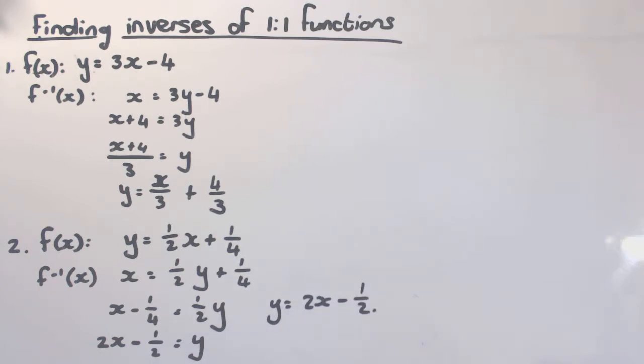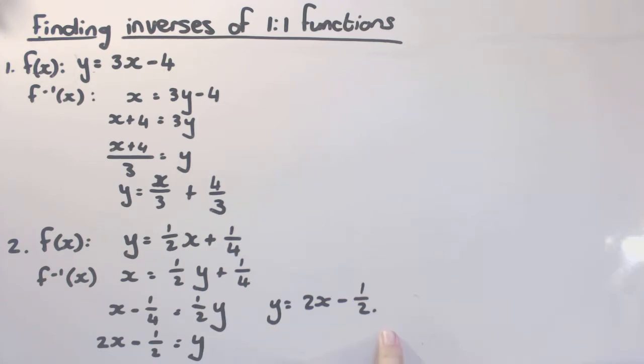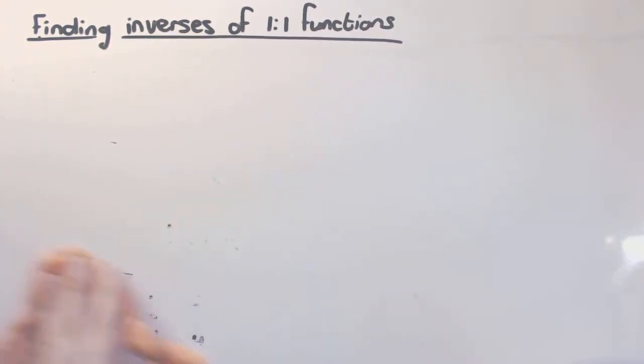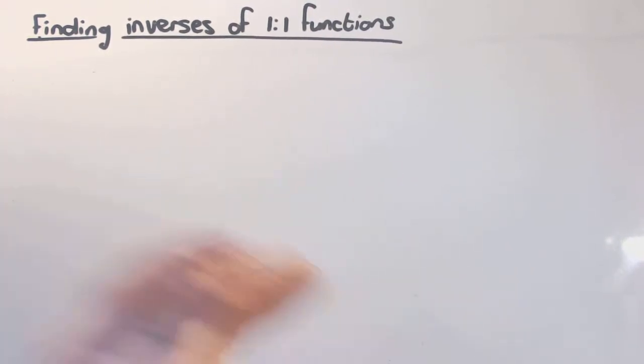So that's fairly simple, and you can see again I've got a straight line, and the inverse of my straight line will also be a straight line function. Alright, so that is how the straight line one-to-one function works. Very straightforward, very easy.